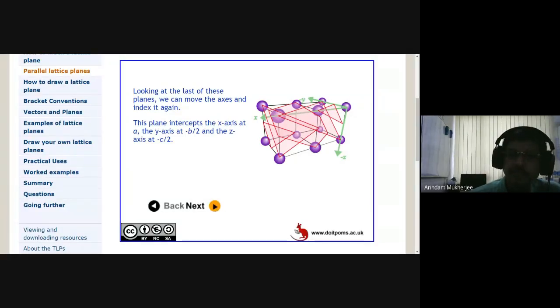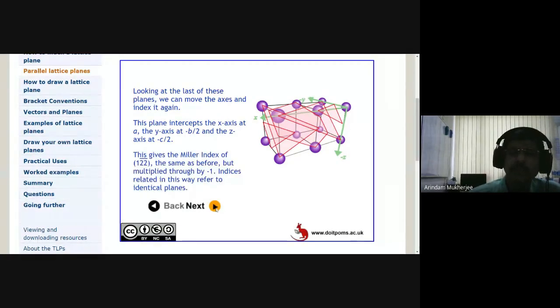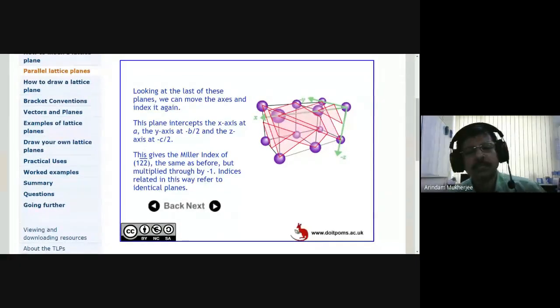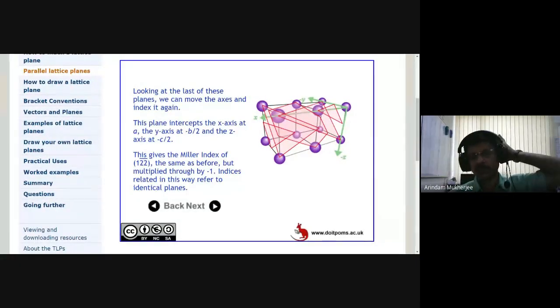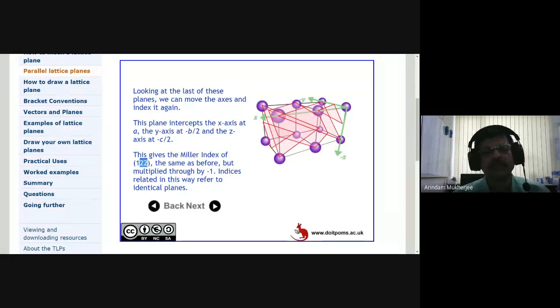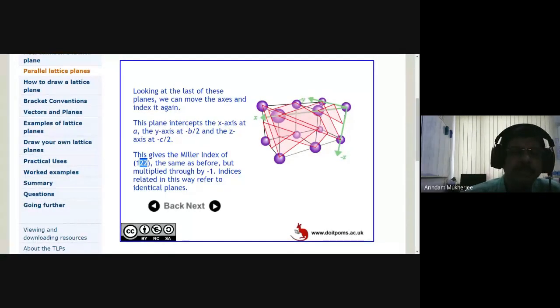Then I take reciprocal, it becomes what? 1, because 1 by 1 is 1, minus half, reciprocal is minus 2, minus half again, and that one's reciprocal is minus 2, and we know that we want to put the minus sign as a bar, so 1 and 2 bar, 2 bar. Okay, since both the bars are there, they are represented like this when they are side by side.